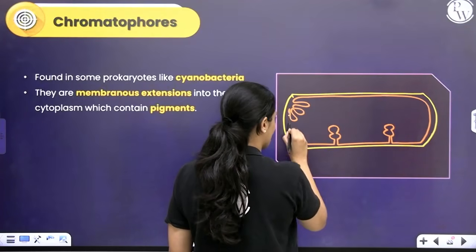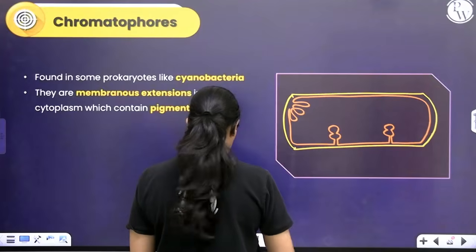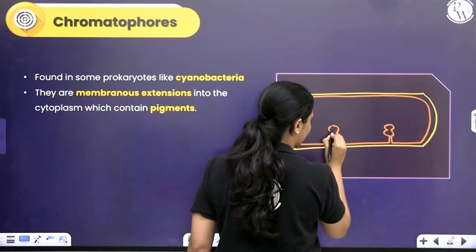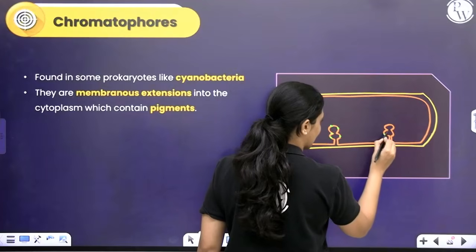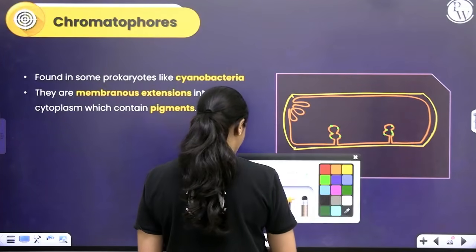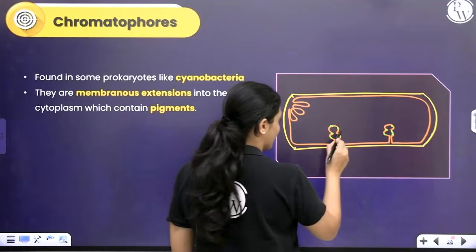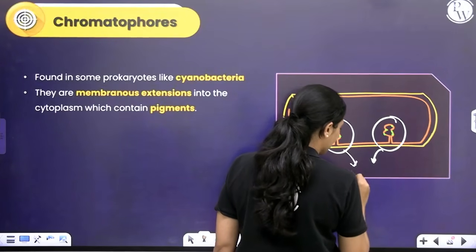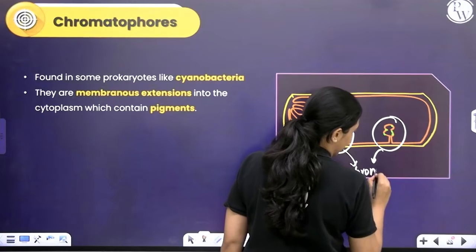There will be a mesosome here, let's say. And within these enfoldings, you will have pigments required for photosynthesis. So these invaginations where you have pigments required for photosynthesis are called chromatophores.